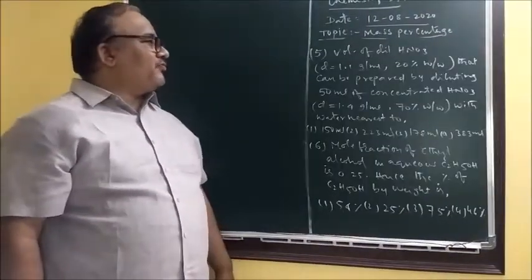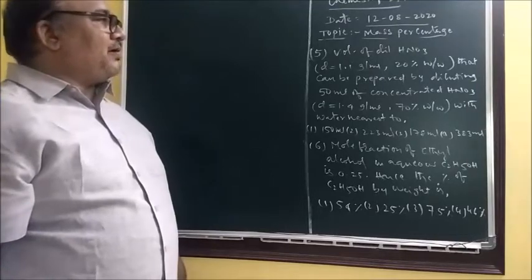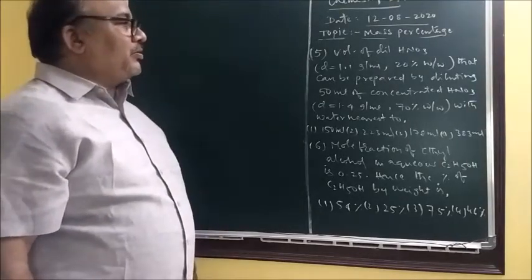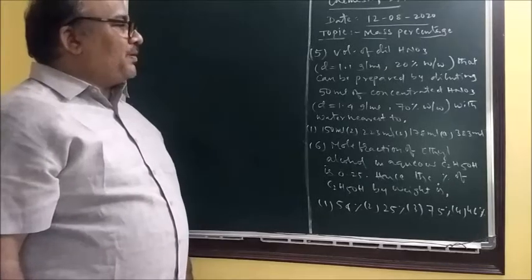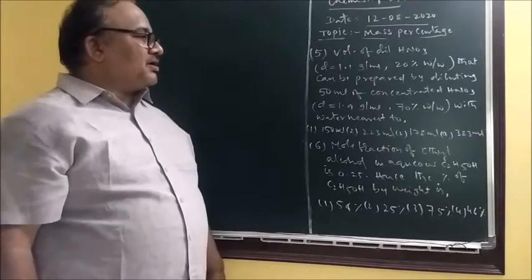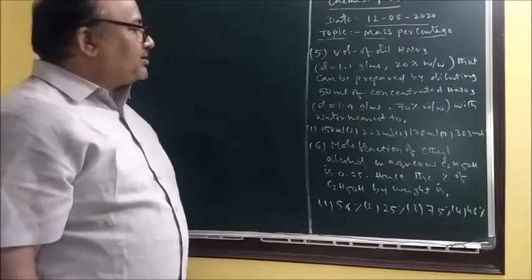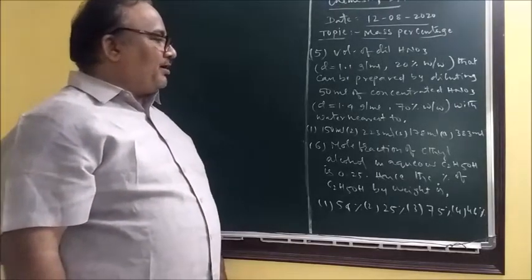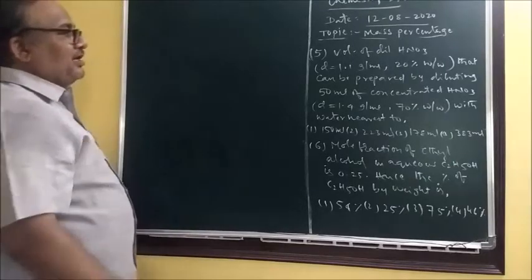Volume of dilute HNO3, density 1.1 gram per ml, percentage mass equal to 20%, that can be prepared by diluting 50 ml of concentrated HNO3, density equal to 1.4 gram per ml, 70% weight by weight, with water nearest to.